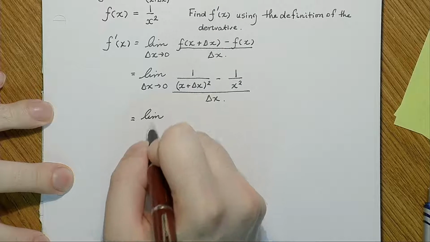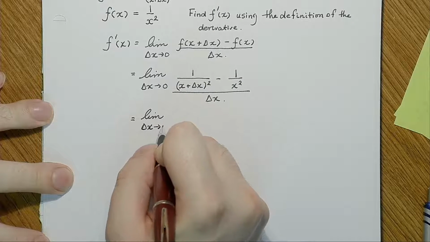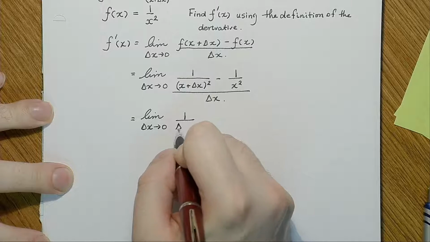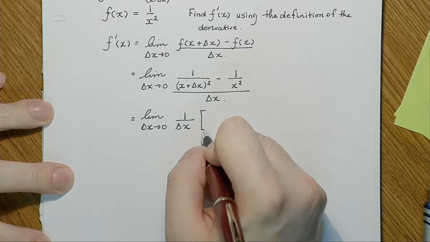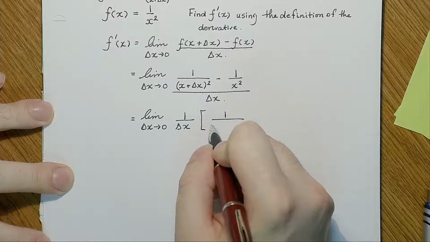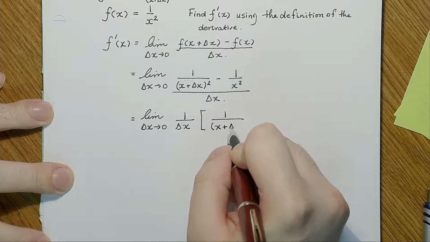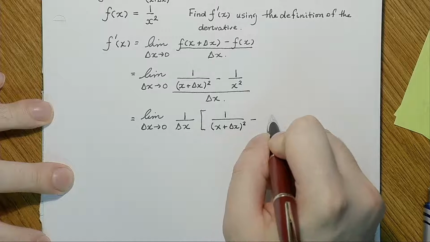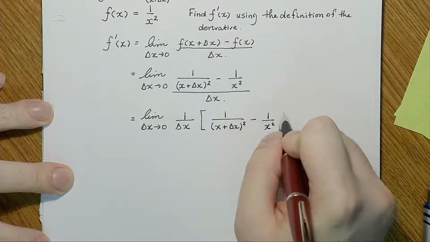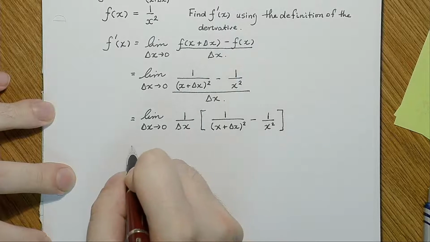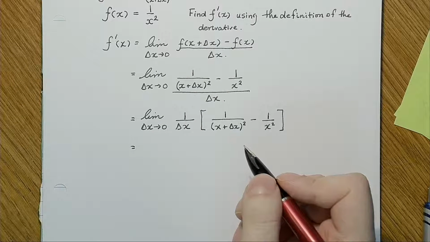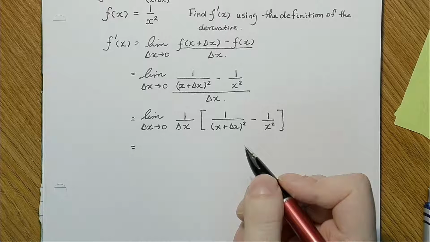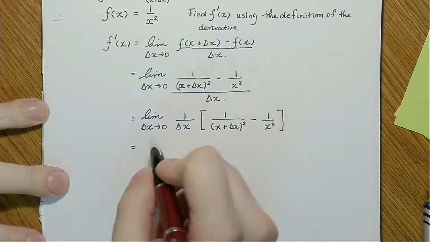And by neater, I mean I'm just going to write that 1 over delta x out in front here, because that's just my denominator, and just to give me some more room. So yeah, I am going to do a common factor.